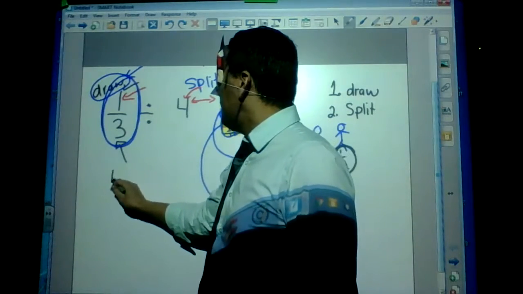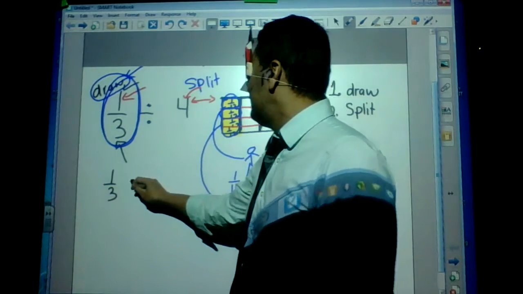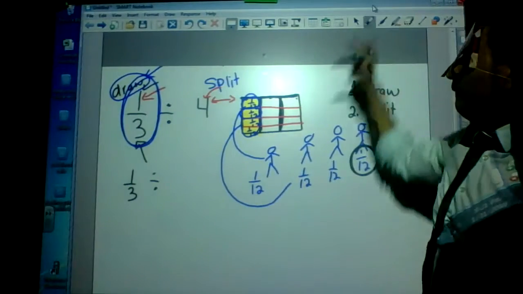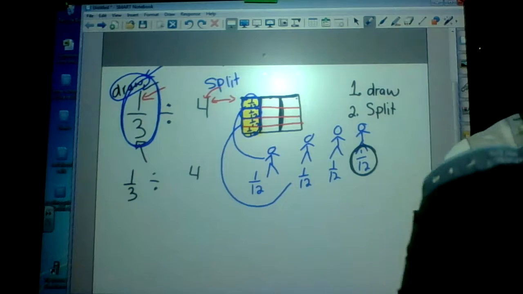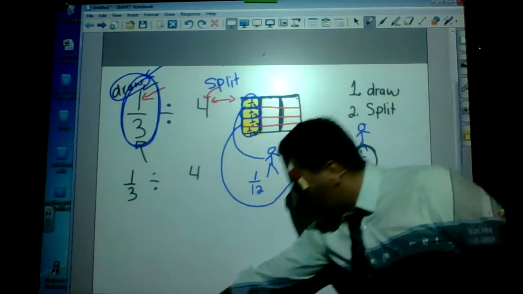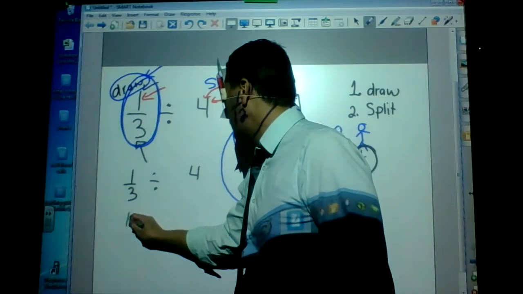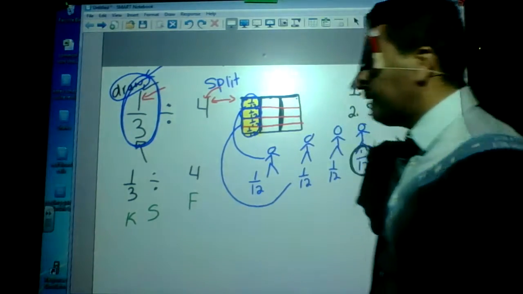So let me write my shortcut. Let me write the problem. 1/3 divided by 4. According to my shortcut, I need to keep, switch, and flip.